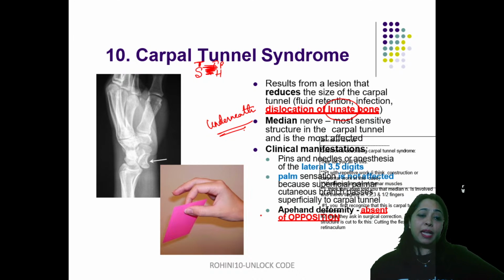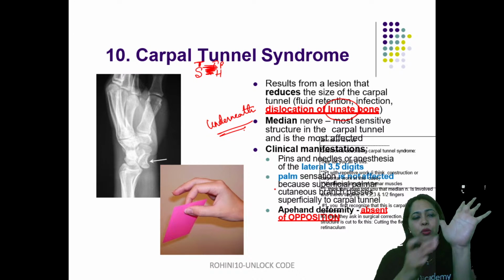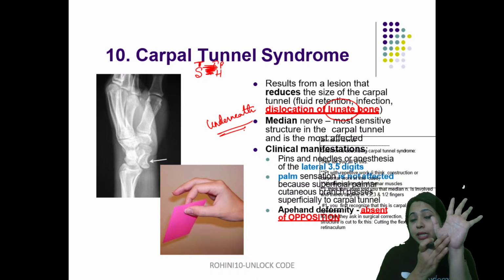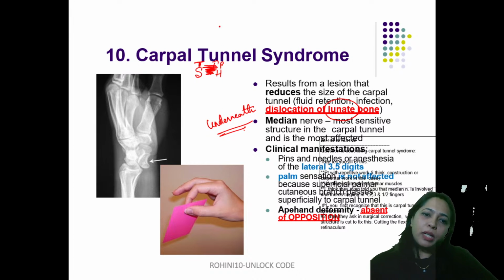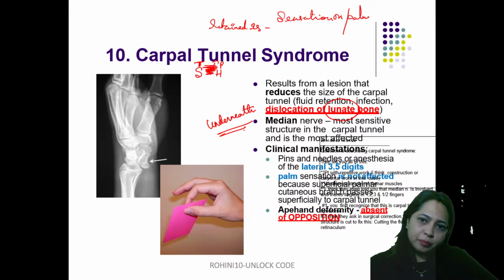And there is ape hand deformity. Ape hand deformity is the absence of opposition. This cannot be done, opposition. Also the thenar muscles will have wasting and could become flat, just like an ape hand. So remember, what is retained is the sensation on the palm. Why?